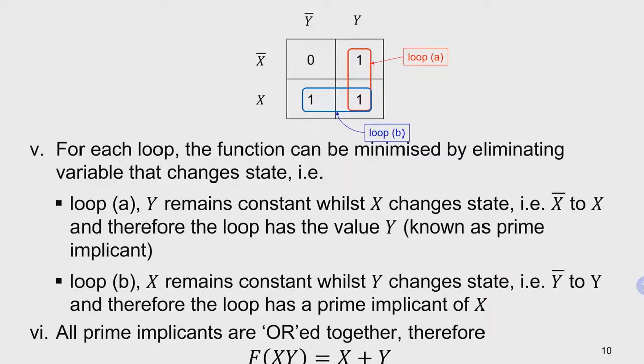And then what we do is we OR together all the prime implicants. So in this case, we have two loops, so we have two prime implicants. One is y from loop A, and from loop B is x. So our function is x OR y.